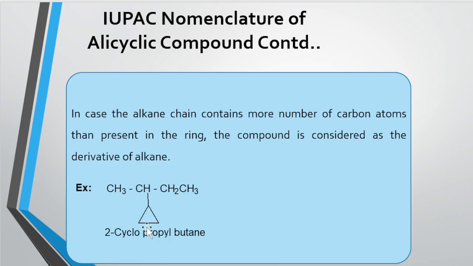So, you have to take the chain as the main compound and the cyclopropyl group as the branch chain, and hence 2-cyclopropylbutane is the name of this compound.